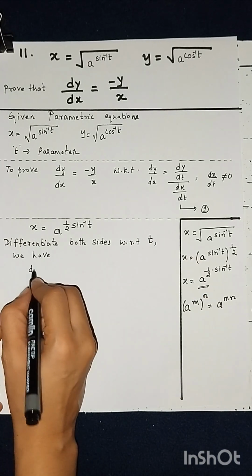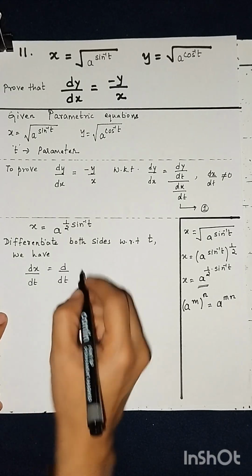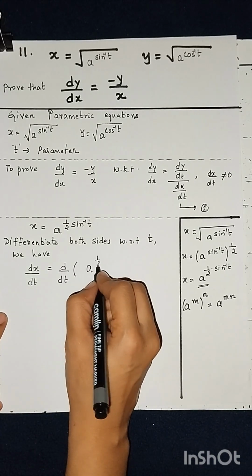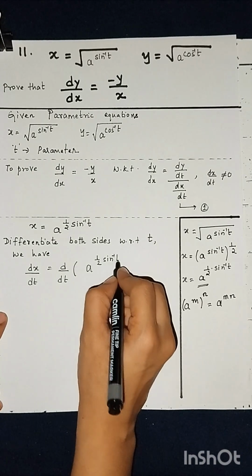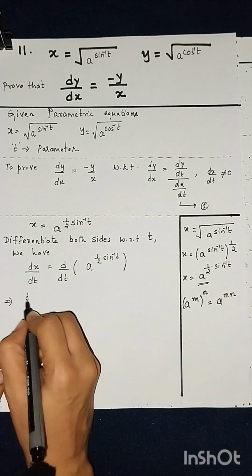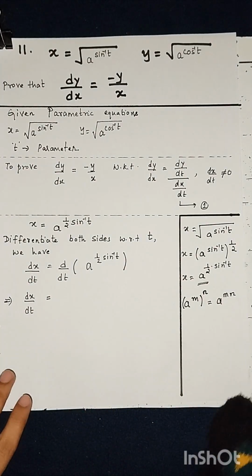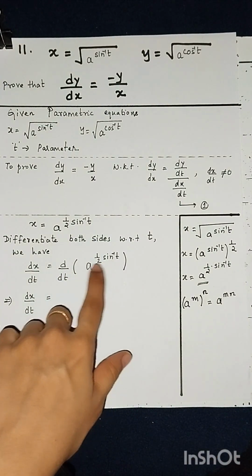We have dx by dt is equal to d by dt of a to the power 1 by 2 sine inverse t.